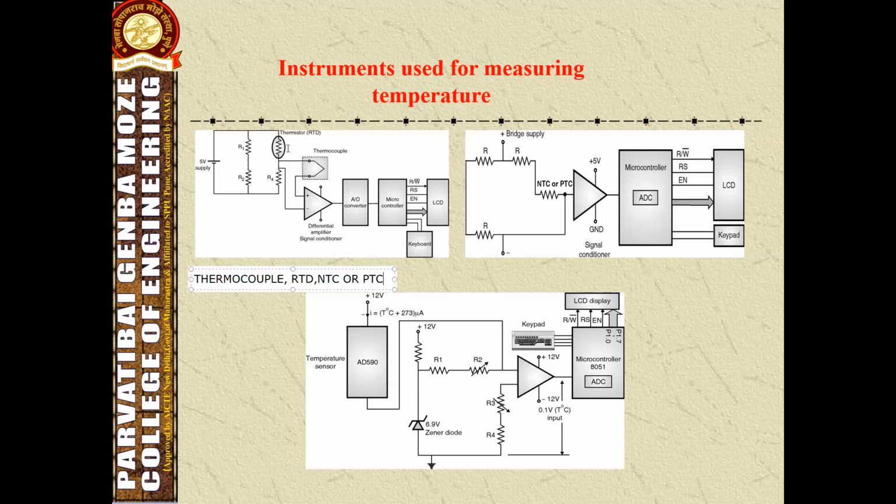Shown in the second figure is a prototype instrument for PTC and NTC based temperature measurement using the MCU, and an IC based semiconductor temperature sensor, for example the AD590 from Analog Devices, shown in the third figure, as a prototype instrument for measuring the temperature using the microcontroller.